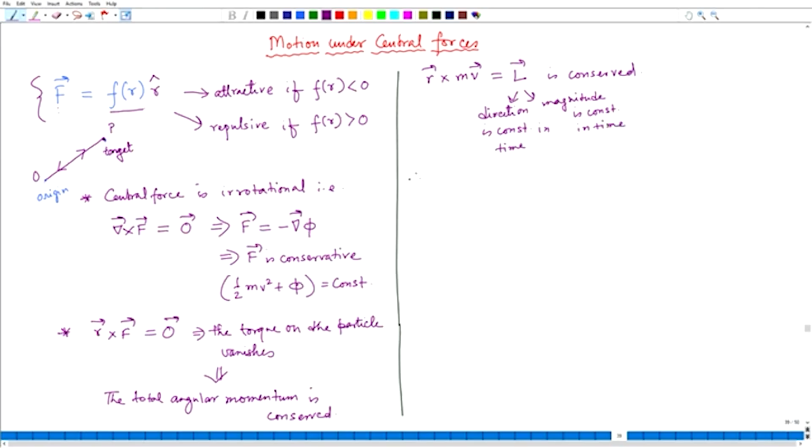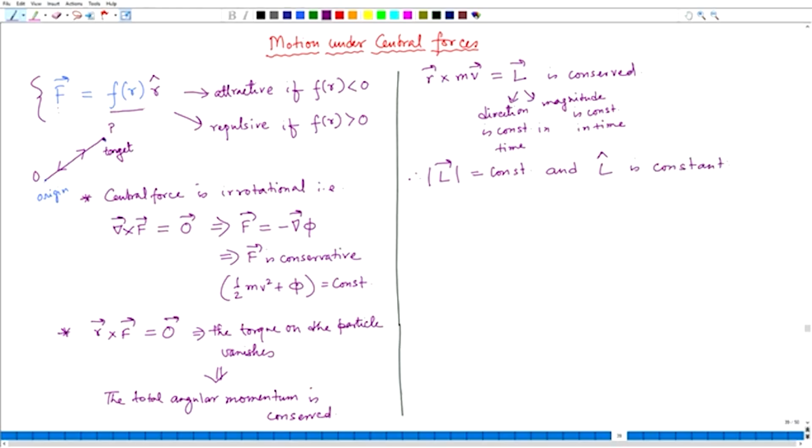So, I can now say that L is a constant if the direction is also constant and the magnitude is also constant. They are separately constants.